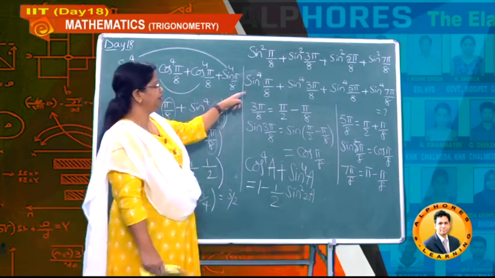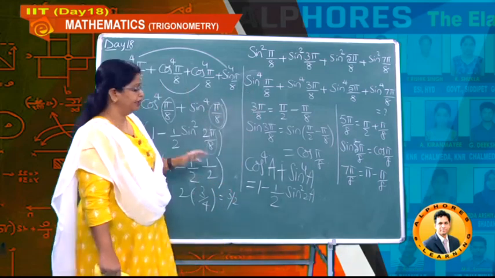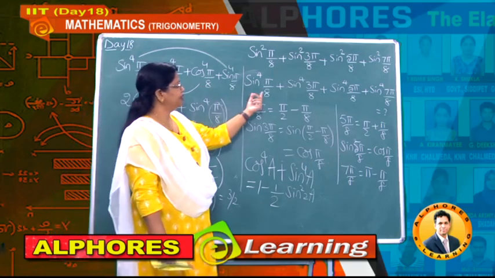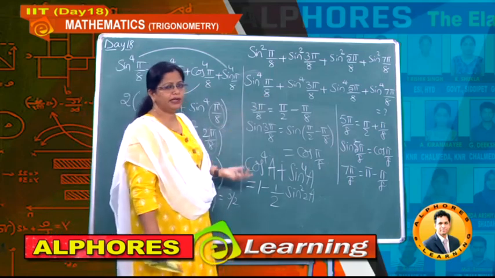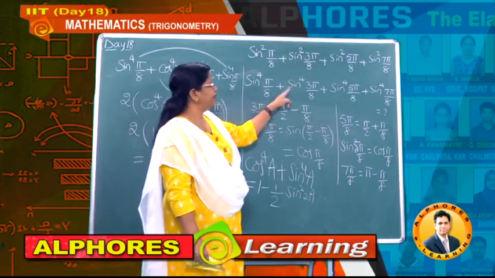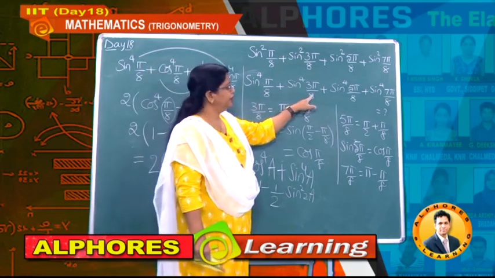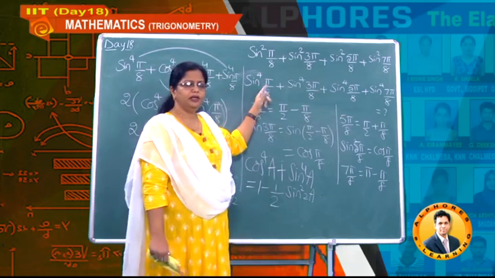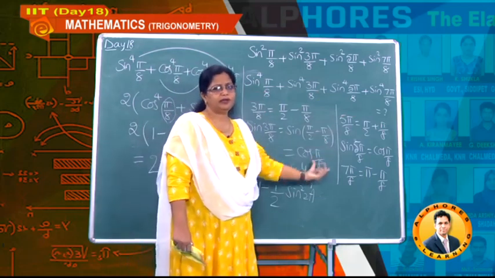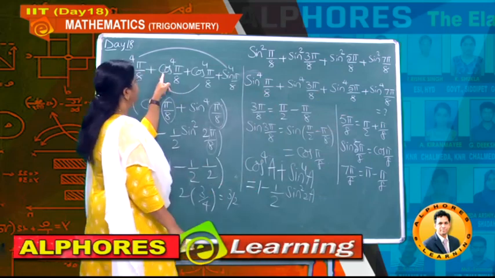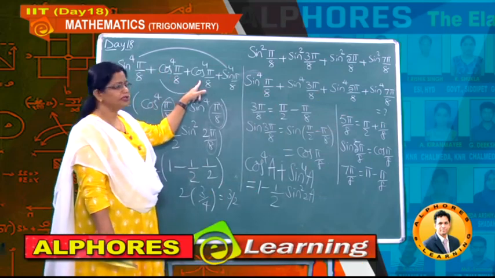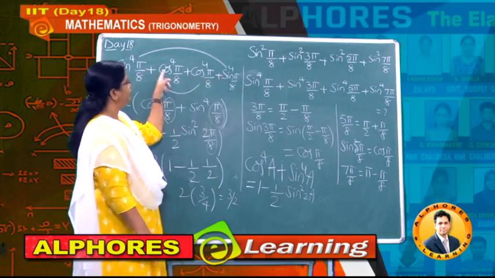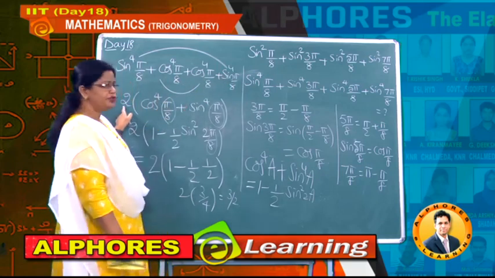So in this way you can complete this problem, and what is the final answer we got? 3 by 2. So what are the major important steps from this problem we have observed? We have converted 3 pi by 8, 5 pi by 8, 7 pi by 8 in terms of pi by 8 using our allied angles concept. After that you got the middle two terms in terms of cos and the last value as it is, sine. Then these are 2 times 2 times, therefore we took 2 common.